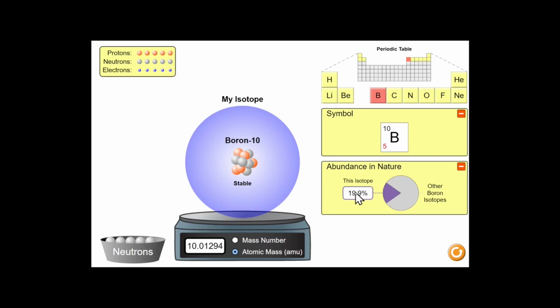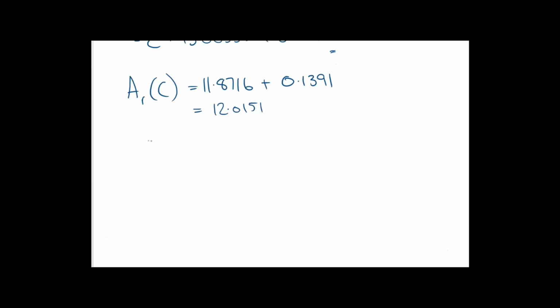So let's take the numbers. Boron 10 has a mass of 10.01294 and a relative abundance of 19.9%. And the more common boron 11 has a mass of 11 and change and has an abundance of 80.1%. Let's do the maths. Okay, boron. So the atomic mass of boron is going to be, let's have a look, just reading my notes.